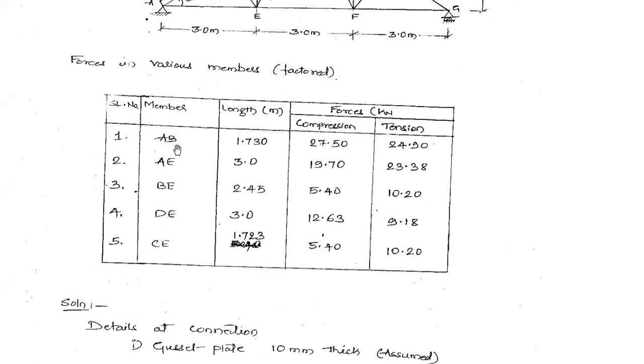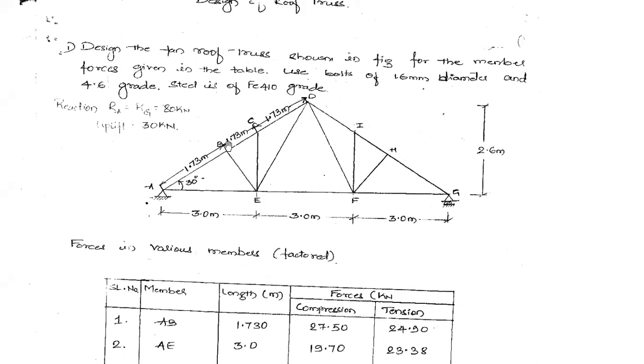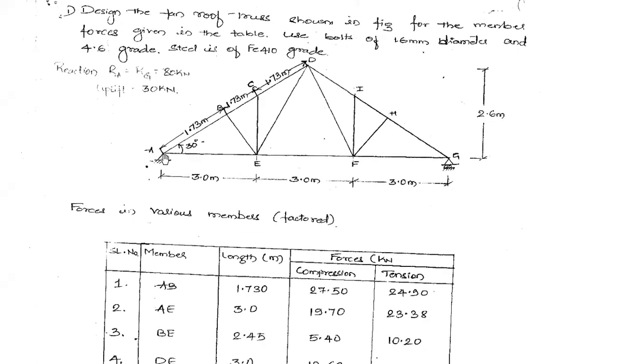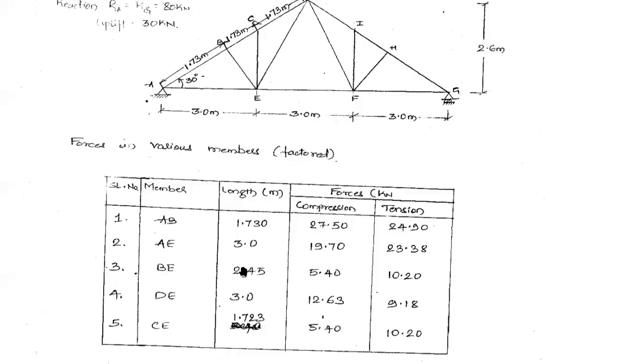For member AB, this is the principal rafter, one segment of the principal rafter. From point A up to point B, from center of this connection to center of this connection, the length is 1.73 meter. That has been given in this table.